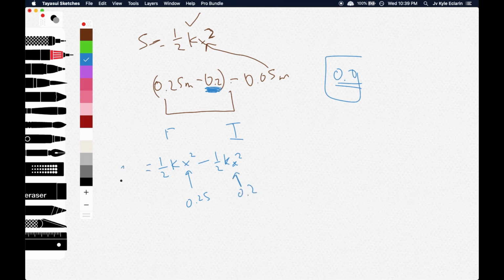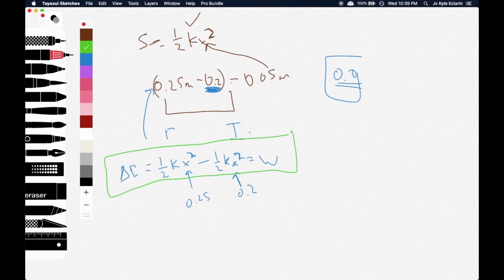And that change in energy is equal to your work. This isn't the same as doing this because there's this squared here. And if you don't believe me, you can put the numbers in.